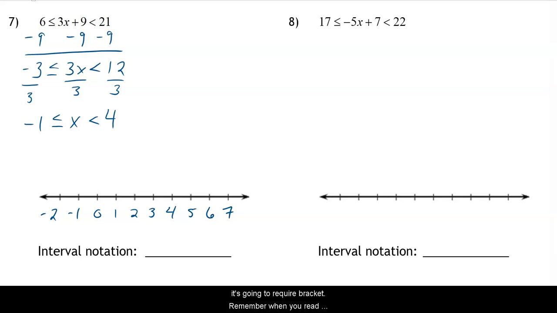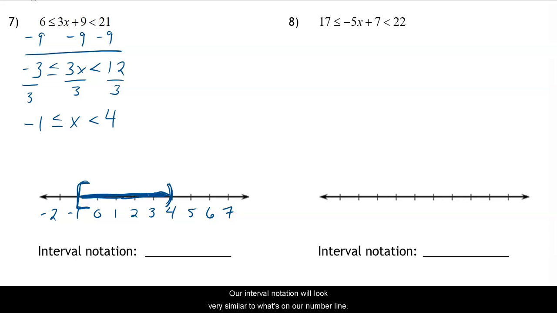Remember when you read compound inequalities, when we're graphing, that x is what I need to read from. So x is greater than or equal to negative 1, which means our bracket needs to face to the right. And then x is less than 4 will be a parenthesis and shade in between those two items.